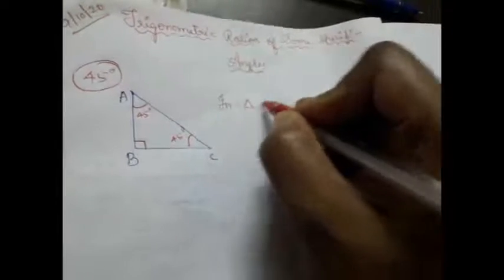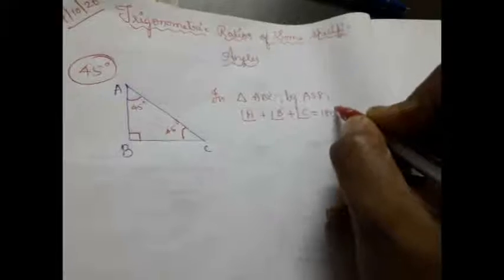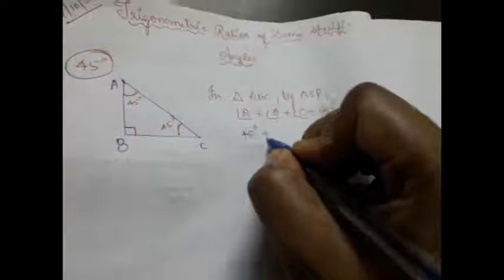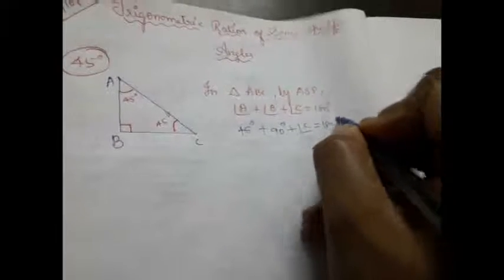What do we know by angle sum property? In triangle ABC, angle A plus angle B plus angle C should be equal to 180 degree, right? Now angle A we have taken as 45 degree, angle B is 90 degree. So what will be angle C?